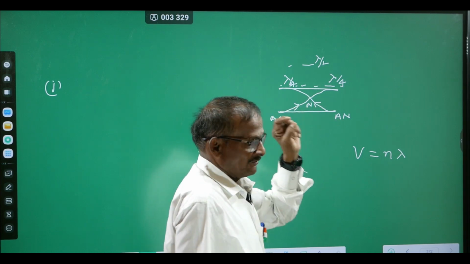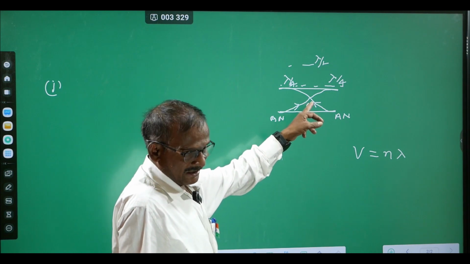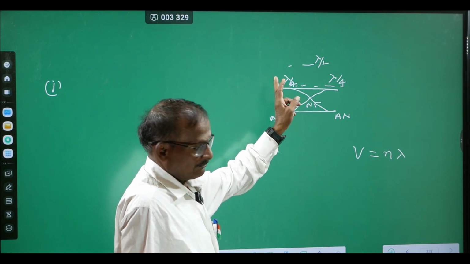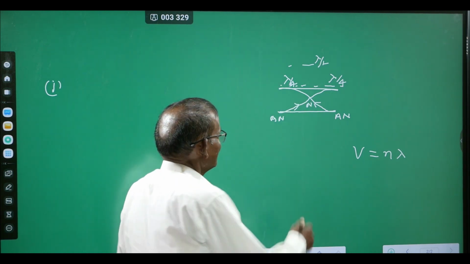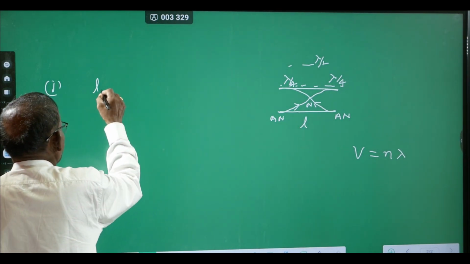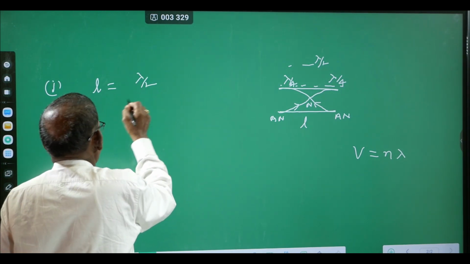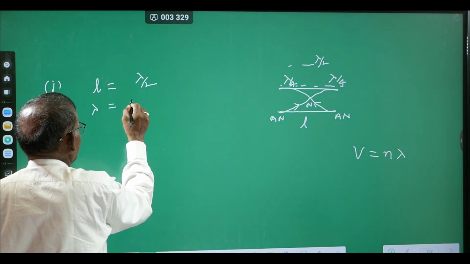So at the middle part, a node is formed. Total length of the air column is equal to lambda by 2, or lambda is equal to 2L.